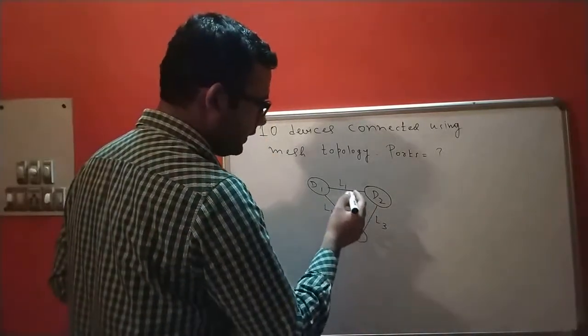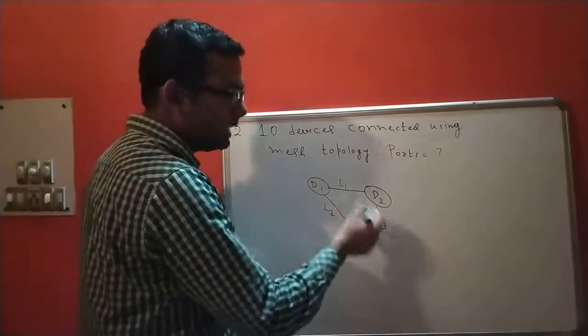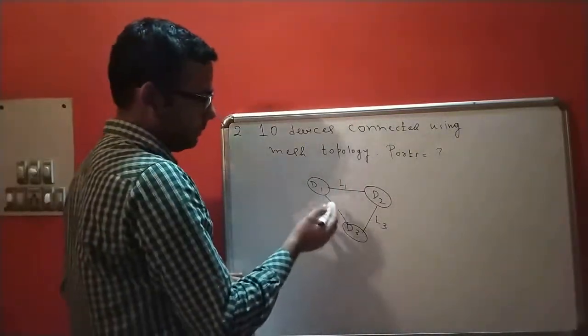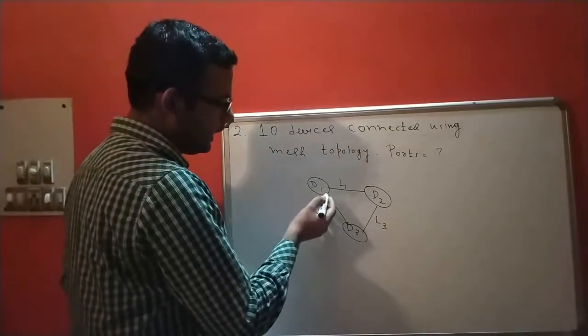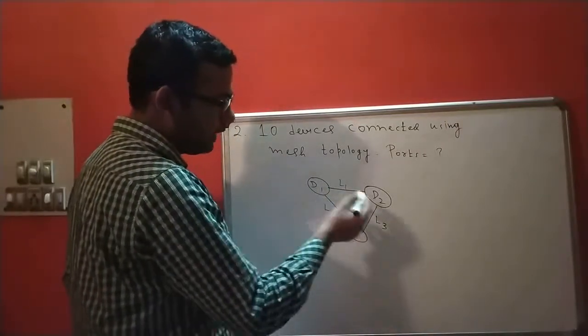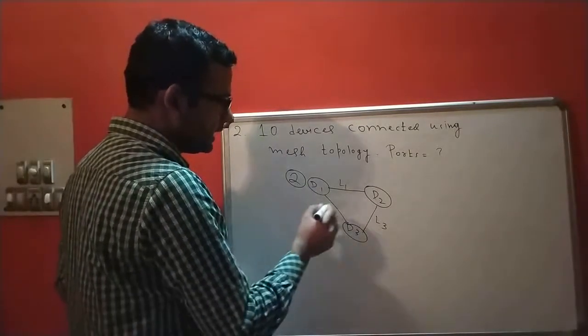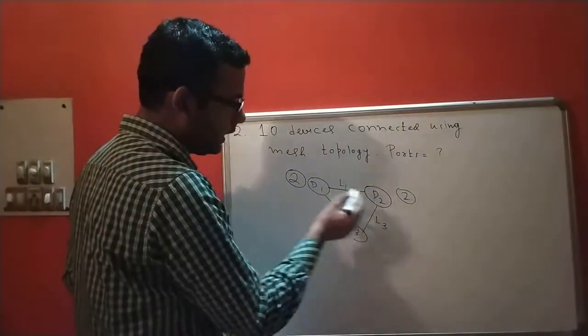So if you have a dedicated link between every pair of devices, how many ports should each device have in a network? Let's take up this example. How many devices do we have? 3 devices. Each device has to be connected to every other device. That means D1 should have 2 ports. Similarly, D2 should have 2 ports. Why? Because D2 has to connect to D1 as well as D3.